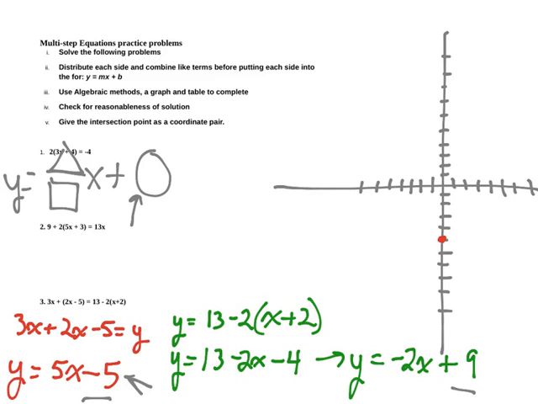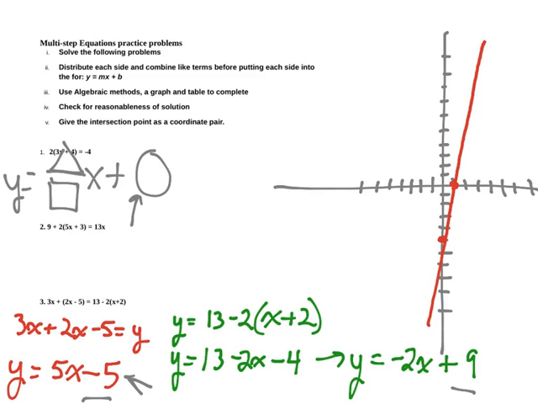Now my slope says 5, and that means it's 5 over 1. So I go up 5 over 1 to the right, because both of them are positive, and here's my line. No, let's try that again. We'll try one more time. Close enough.